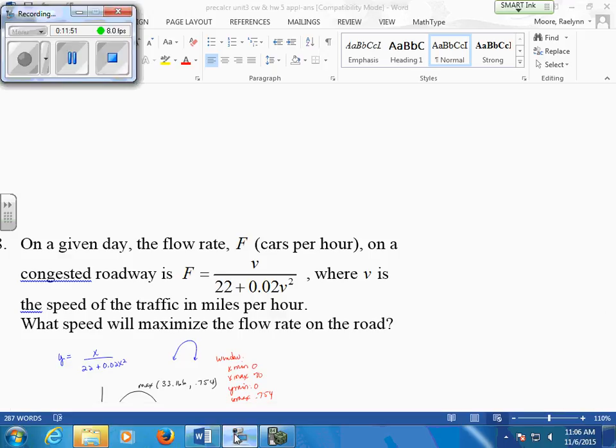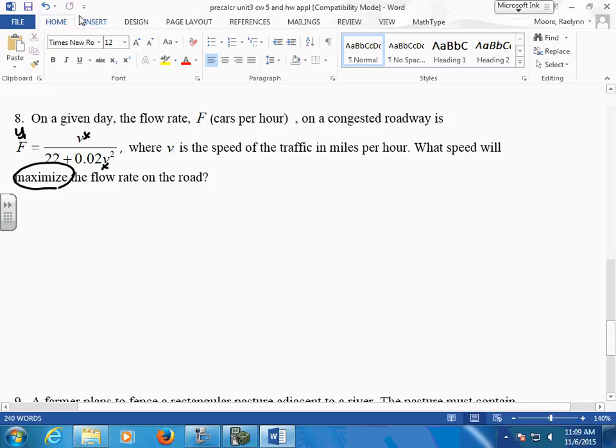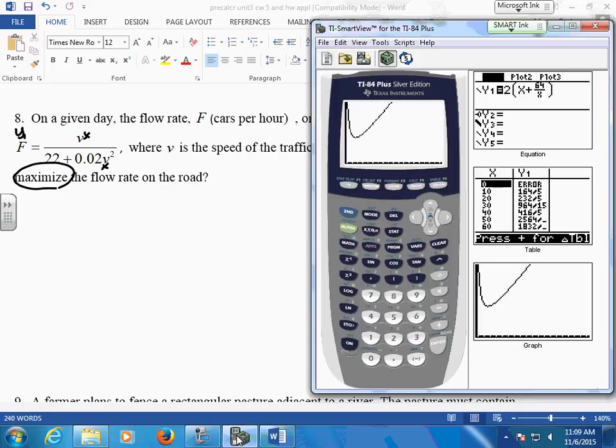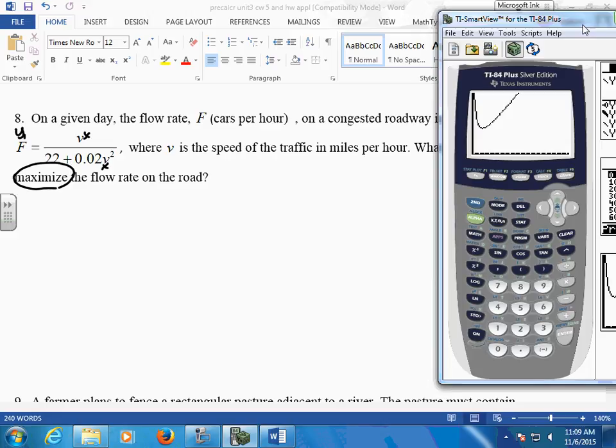Hang on, guys. If I'm maximizing, which way is my parabola turning? Down. So let's see if you can get this on your calculator. You're going to have to play with your window. Use what we just said and see if you can get this to appear on your graph.